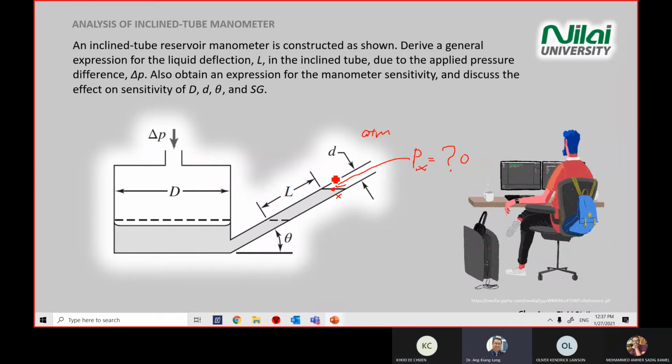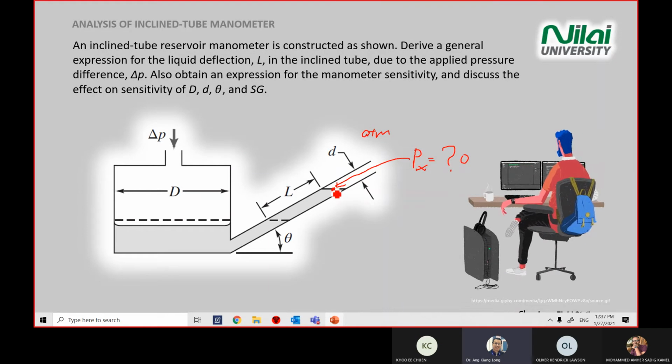This kind of question will come out in tests, and it's a free mark question. I will just give you, for example, section A: calculate the pressure at a certain point. For example, let's say I give you this diagram.